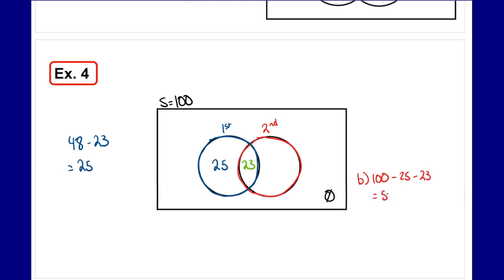That gives me 52 students who went to just the second dance. Only 52 students went to just the second dance. I can now answer A, which was how many went to the second dance in total. So 23 plus 52 equals 75. So 75 students went to the second dance, and 52 of those 75 only went to the second dance.